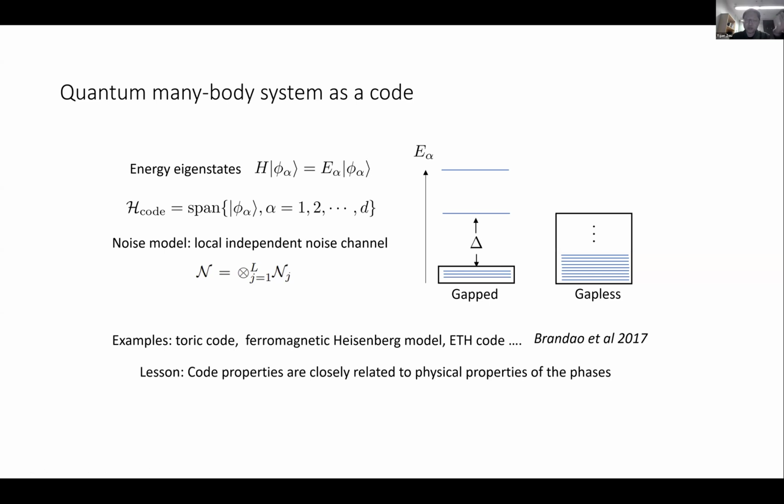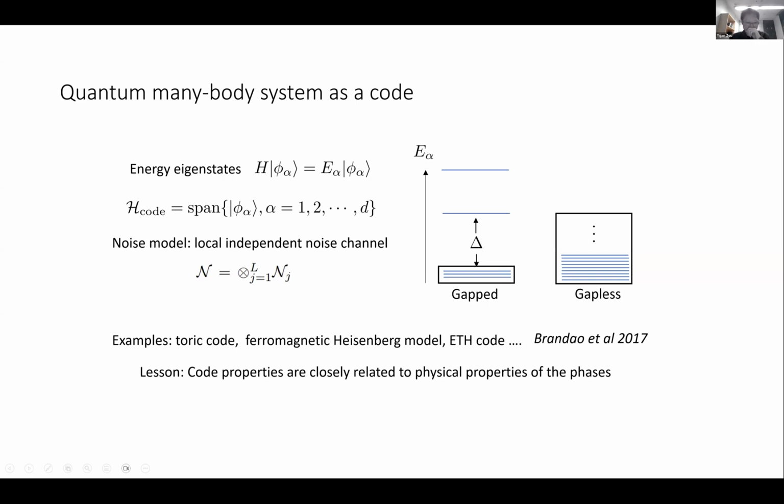For example, for the repetition code, you just take your Hamiltonian as minus Z_i Z_{i+1}, and then the ground space is just a 2-dimensional subspace, which is the repetition code. So for the gapped case, you just choose the lowest energies.